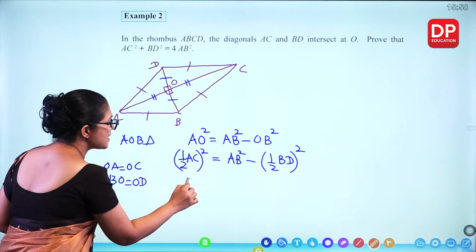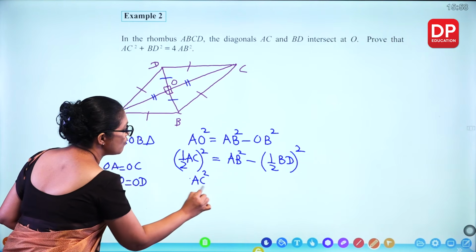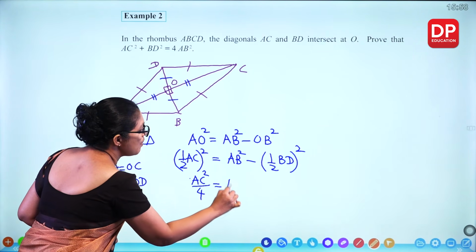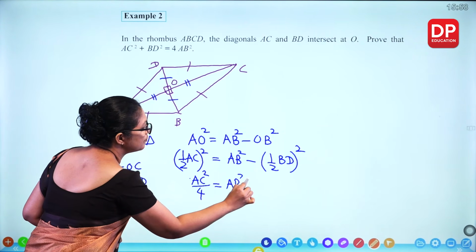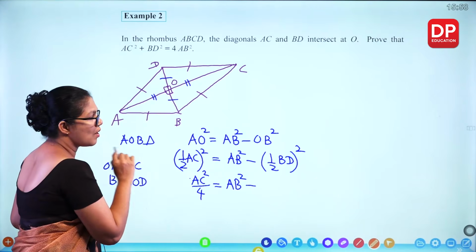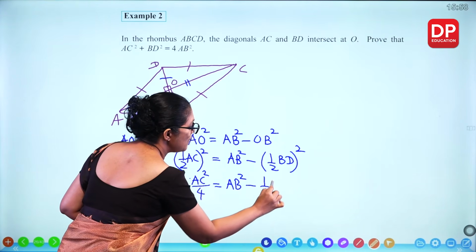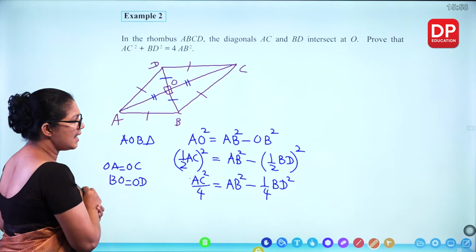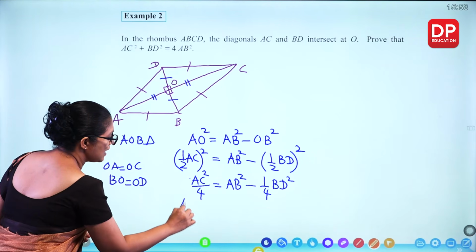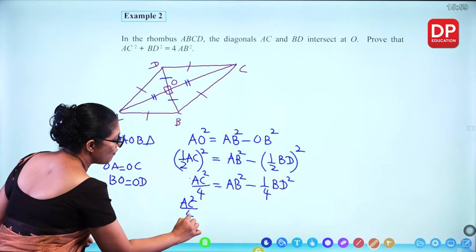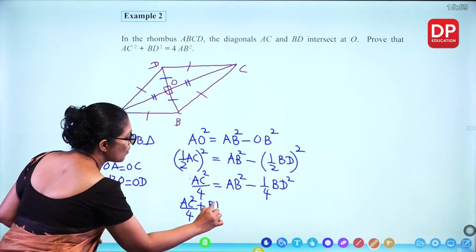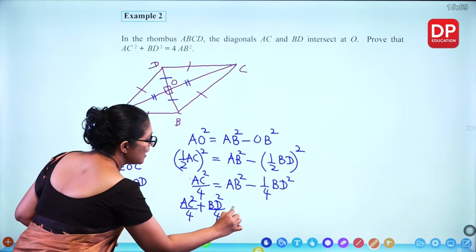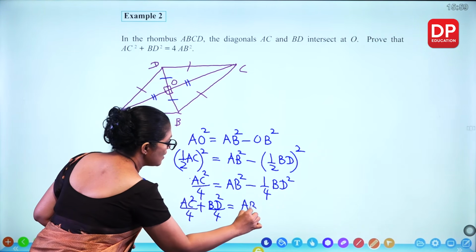Now square this, you get AC squared over 4, AB squared, half into half again 1/4 BD squared. Now take this one to this side. I'm getting AC squared over 4 plus BD squared over 4 is AB squared.